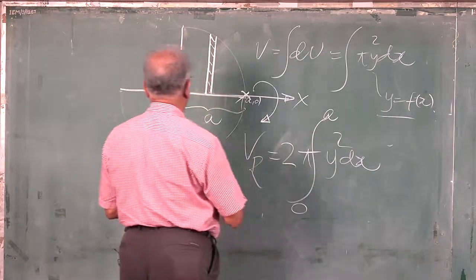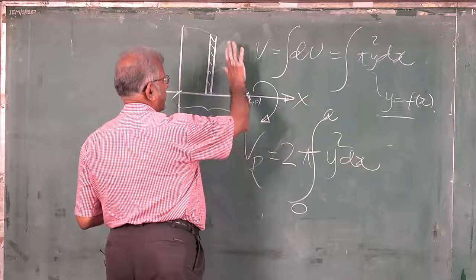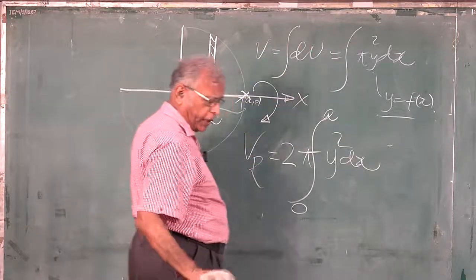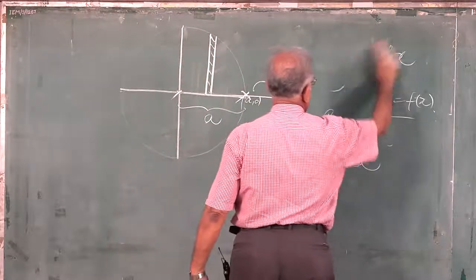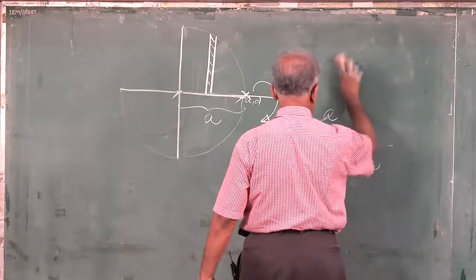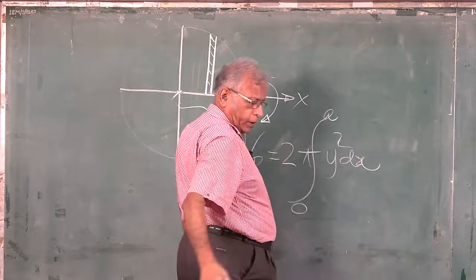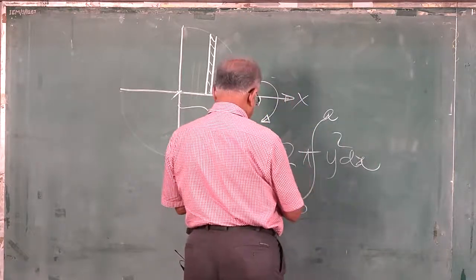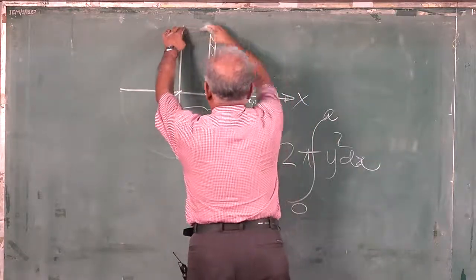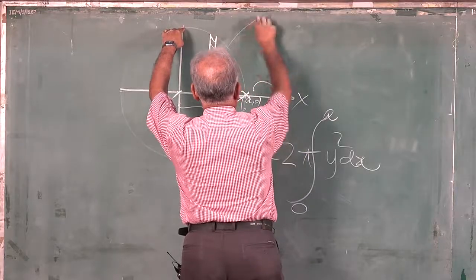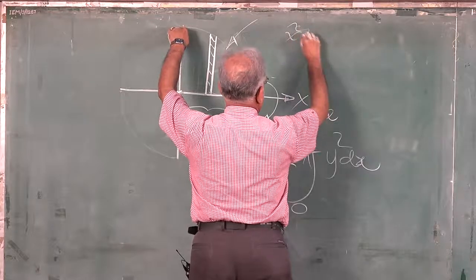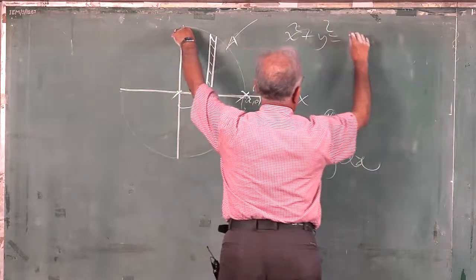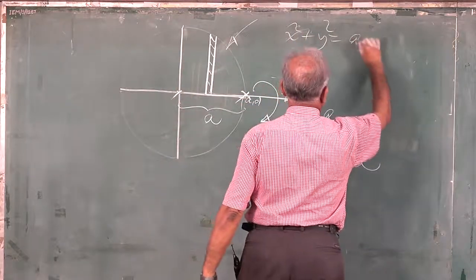Now we can rub out this diagram, or maybe rubbing out this part will help. The entire diagram need not be rubbed out, because the integration is indeed very simple. When we say y squared dx, the bounding curve, the circle, has an equation x square plus y square is equal to a square.